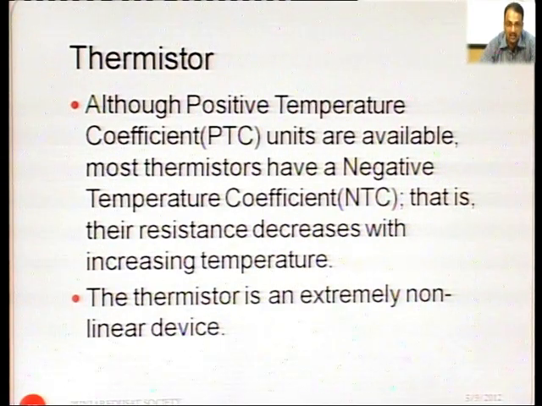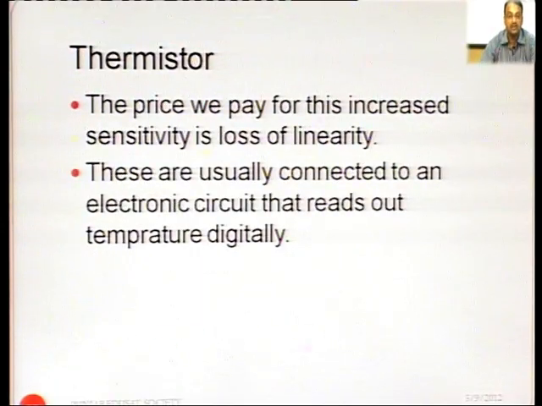The thermistor is an extremely non-linear device. The price we pay for this increased sensitivity is loss of linearity. Sensitivity means output changes with the input. If there is a small change in input, then there is a small change in output. If there is a large change in input, again there is a large change in output.